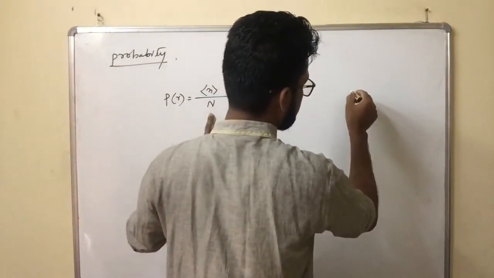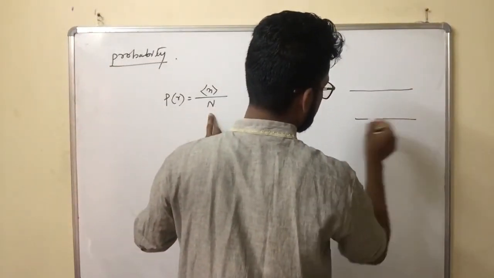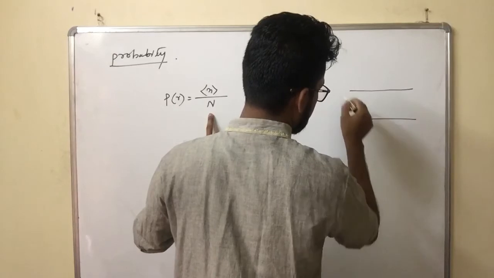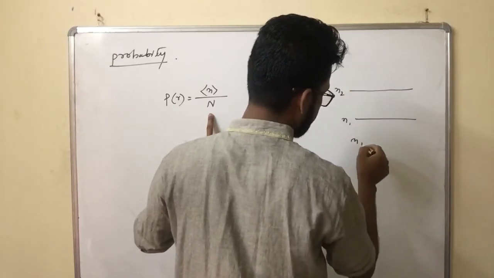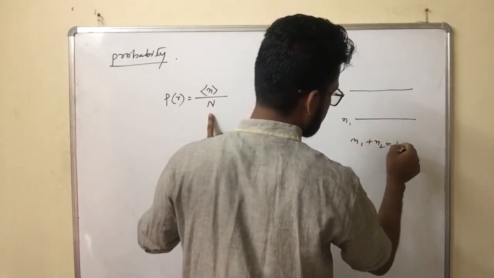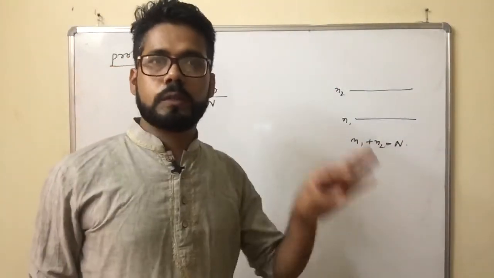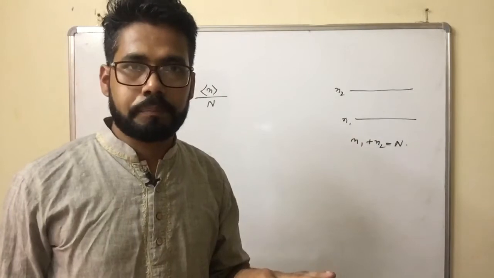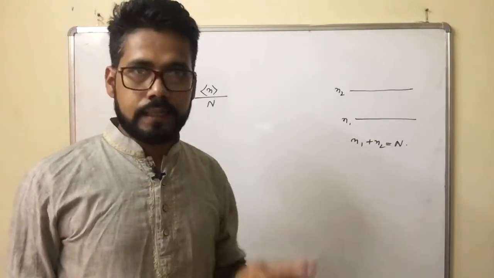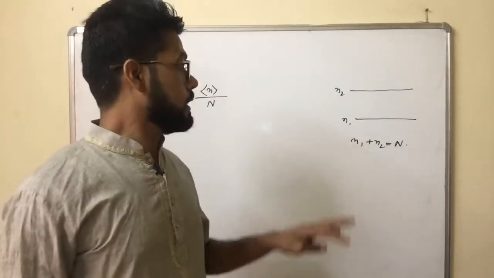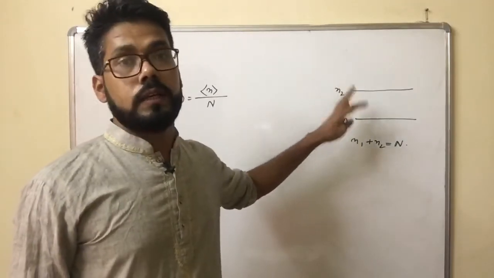Suppose you can understand from laser physics. In laser physics there are 2 energy levels, n1 particles and n2 particles. n1 particles plus n2 particles is n particles. Suppose you have a two-level laser system, and the total number of particles is n, which is distributed between 2 energy levels n1 and n2.